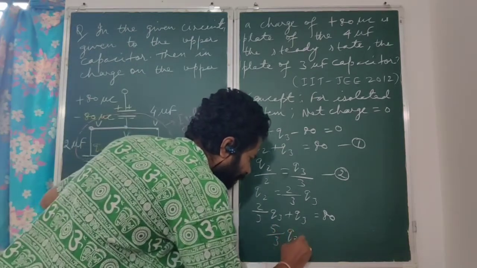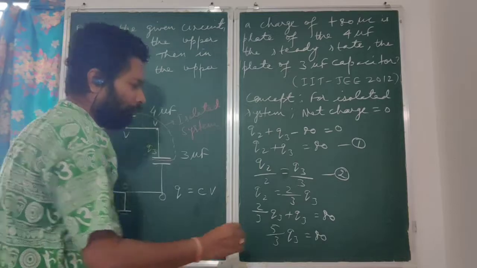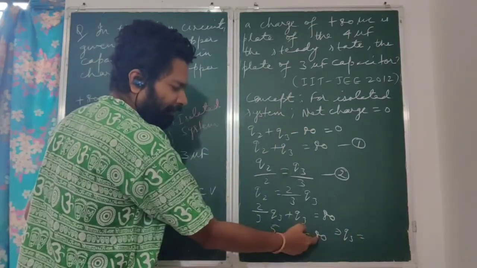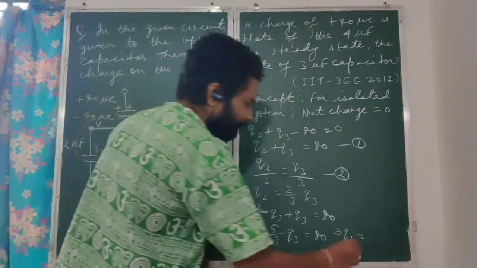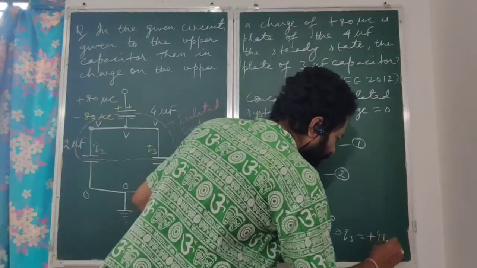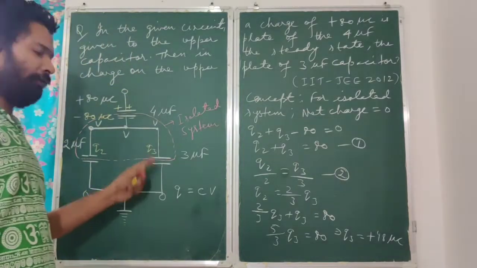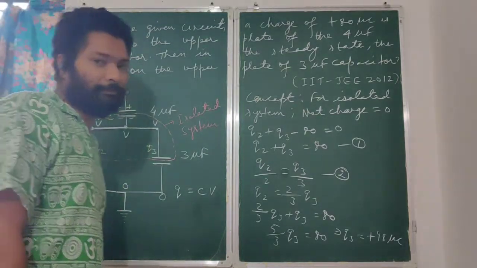So 5 by 3 times Q3 is equal to 80. What will be the value of Q3 then? 16 times 3 is 48. So it will be plus 48 microcoulomb. So the answer for this question is plus 48 microcoulomb.